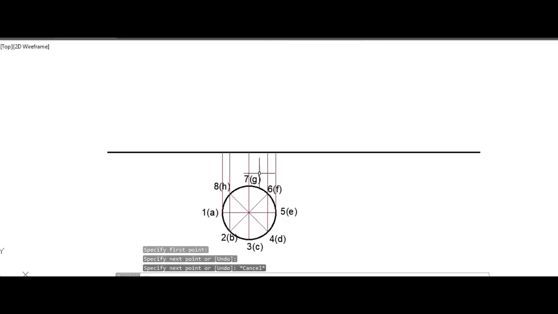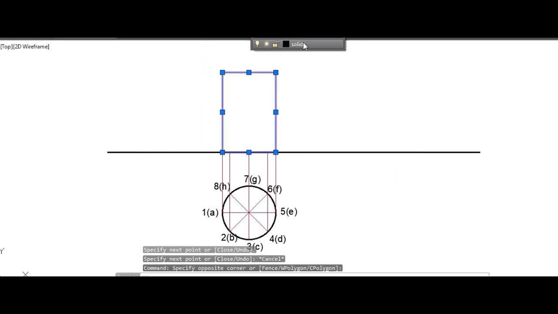Shown here. The height is 60 mm, so let me draw the cylinder for a height of 60 mm. Of course, this is the outline, so this has to be in solid.